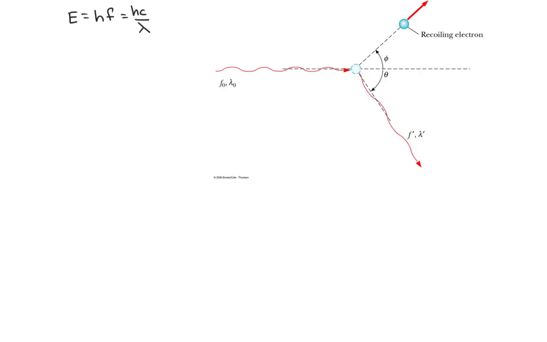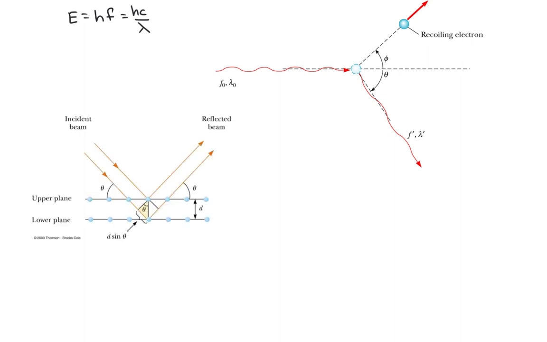So basically what's happened, if we go back to our diffraction picture from before, we have our incident beam, and that's essentially this. It's colliding with this atom, and then it's being reflected. In this picture, this is our incident beam, and this is our reflected beam.